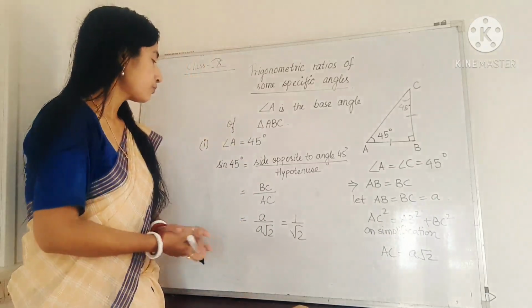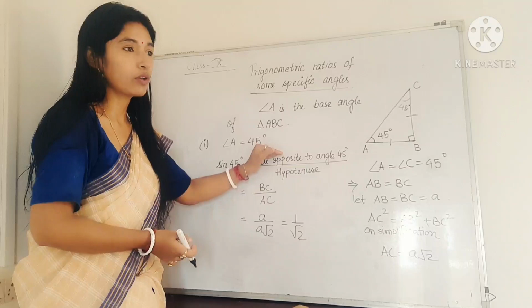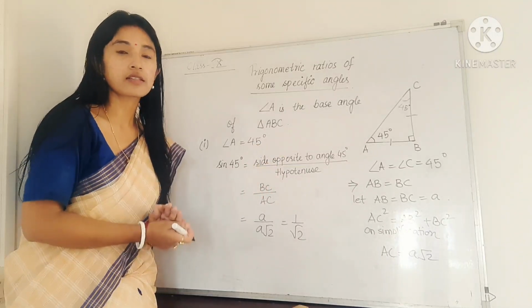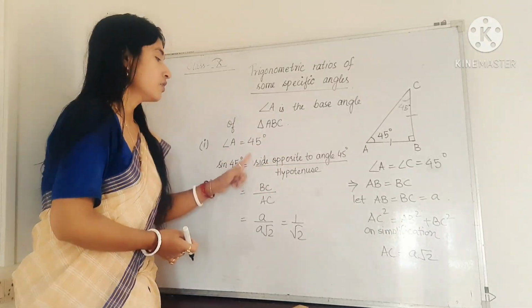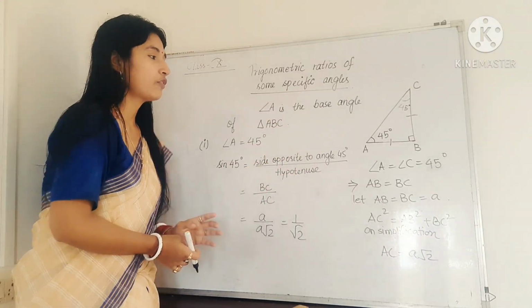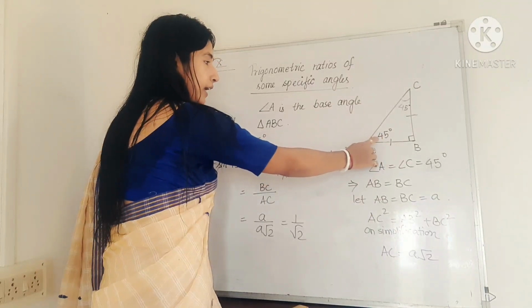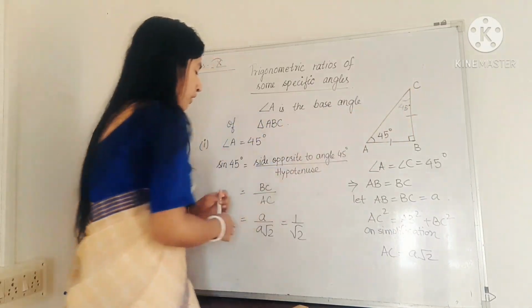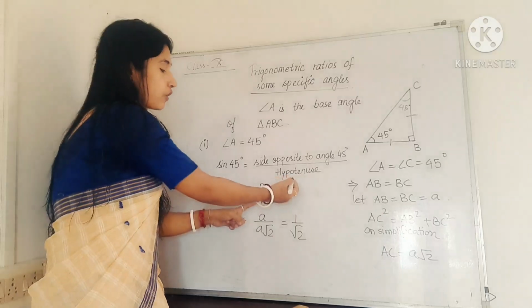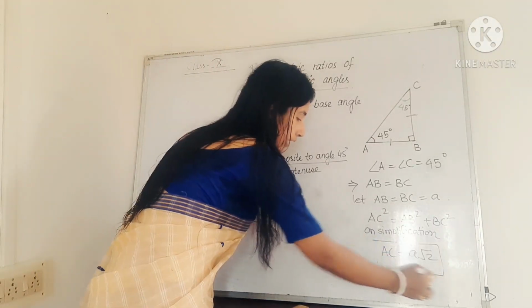So now sine 45 degree is what? That is equal to perpendicular by hypotenuse. Already in the last lecture we have discussed these things. So we can also write sine of the side opposite to angle 45 degree. The side opposite to angle A, which is 45 degree, is BC. So BC by hypotenuse will be AC, and the length of AC we already got, A root 2.